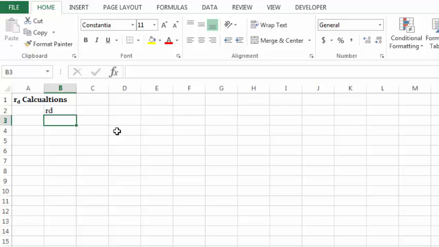Then I'm going to be looking at the tax rate, and then getting the after-tax cost of debt, which is going to be the RD times 1 minus T. And having done that, I need to now subscript my D's.